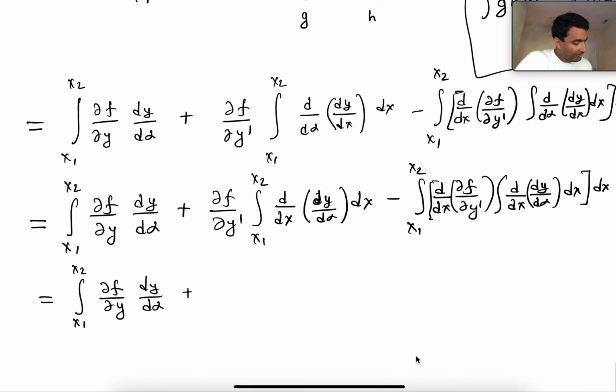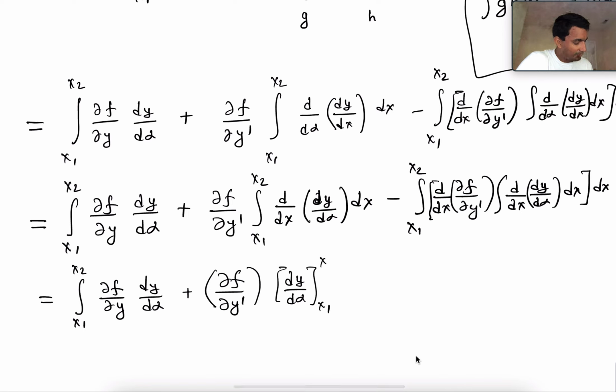For the second term, we can write the partial derivative of f with respect to the partial derivative of y prime. And after integrating, we will simply get dy by d alpha, calculated at the points x1 and x2.